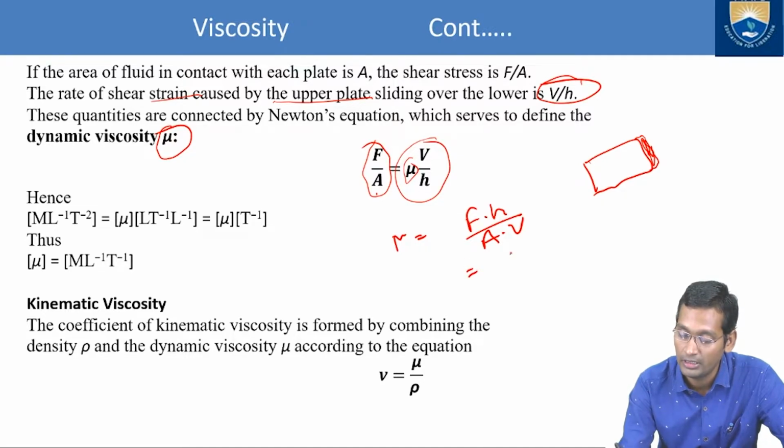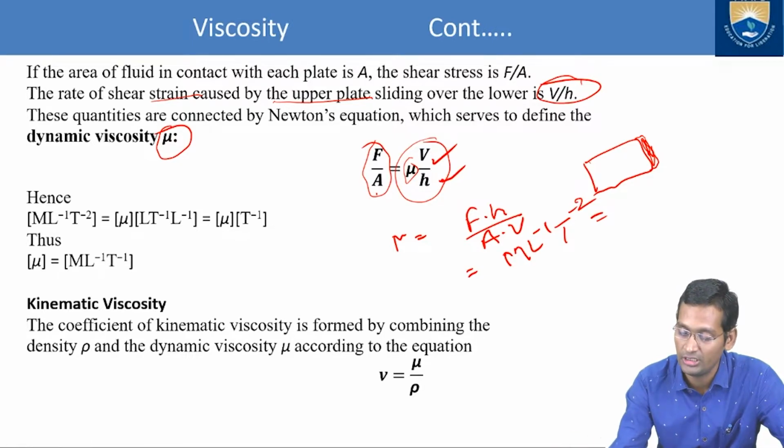We just derived M L^-1 T^-2 for this, and then V is velocity; we can find the velocity and height.